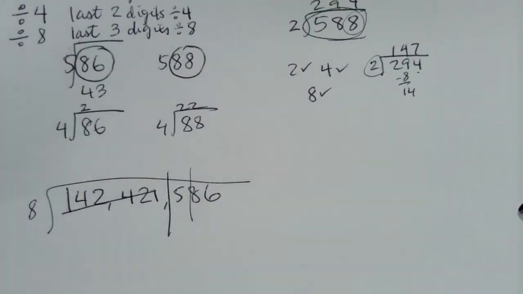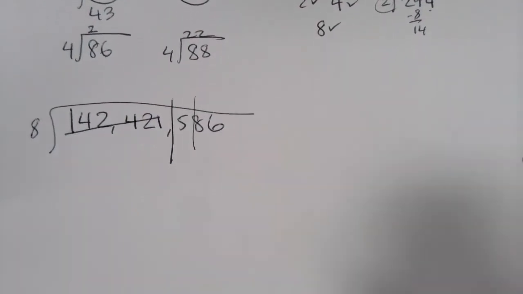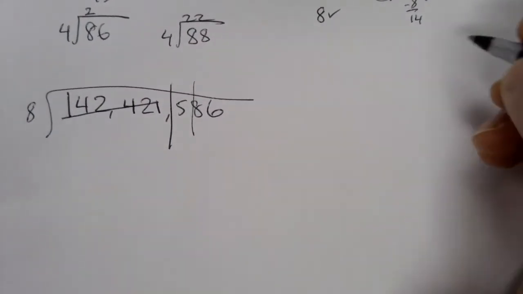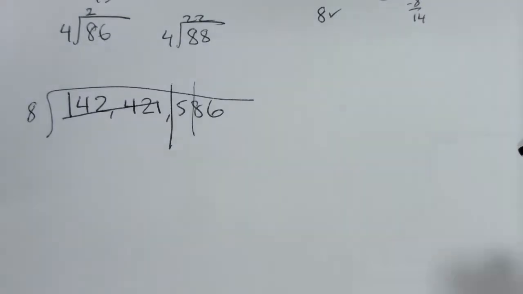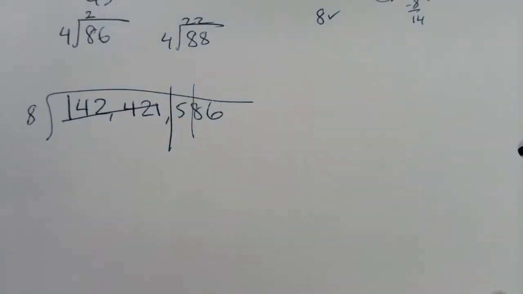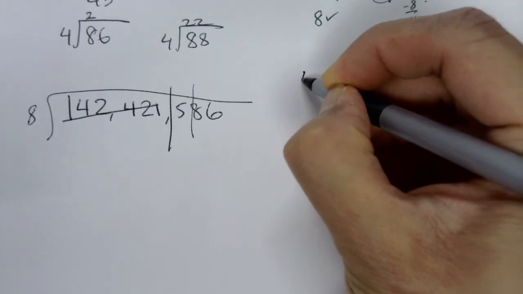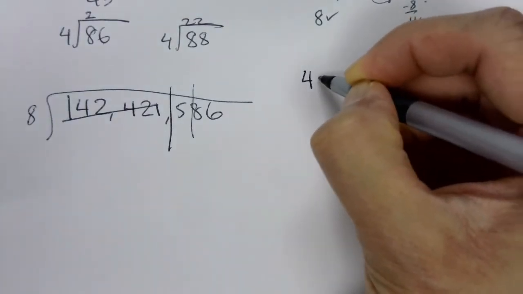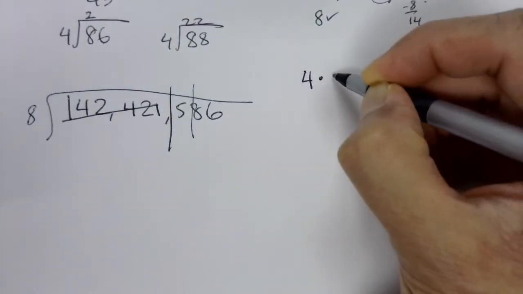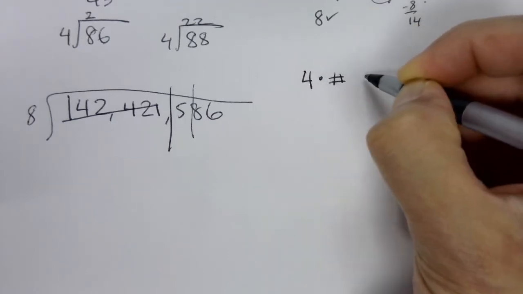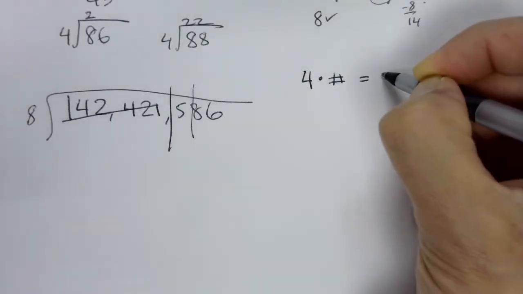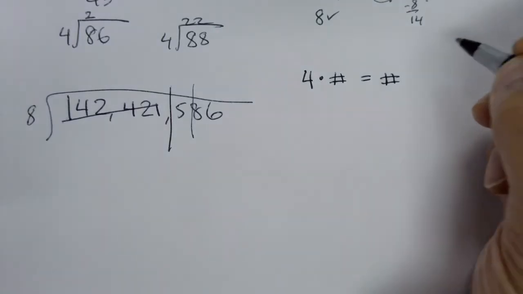Well, why does that work? And this is kind of neat. Any large number, let's look at it this way. If some number is divisible by 4, that means that 4 times an integer gives me my number.